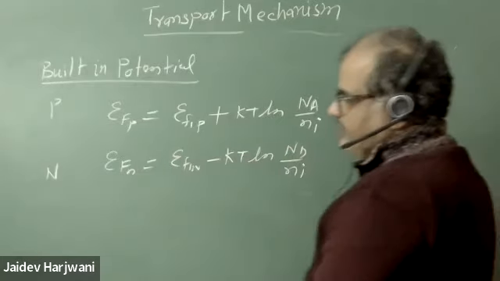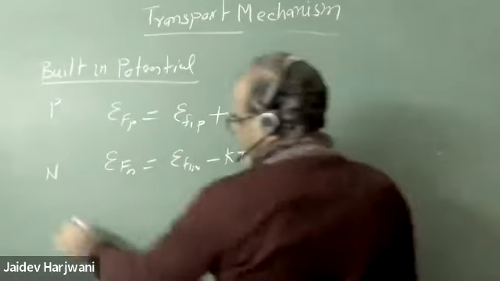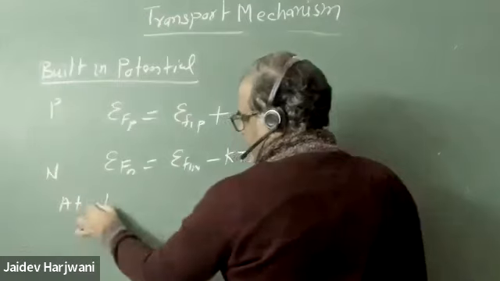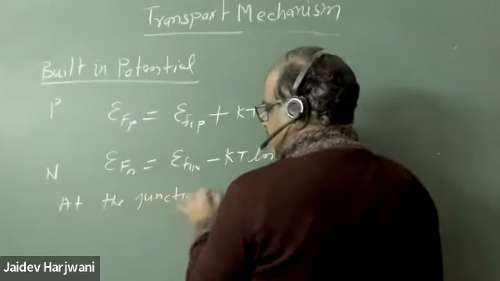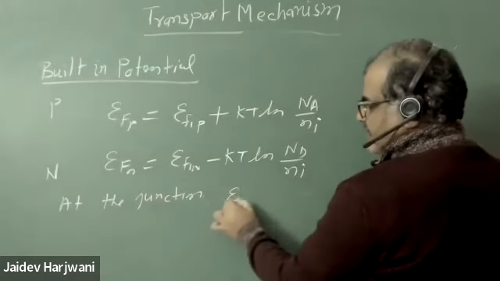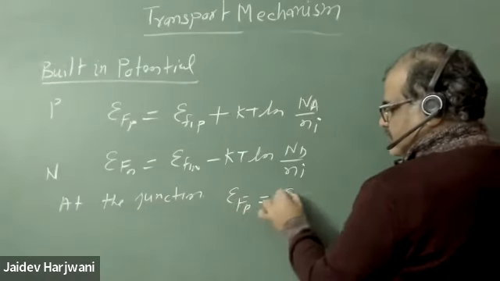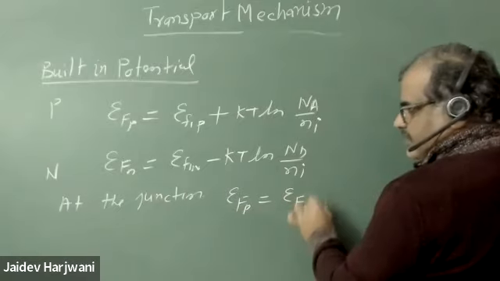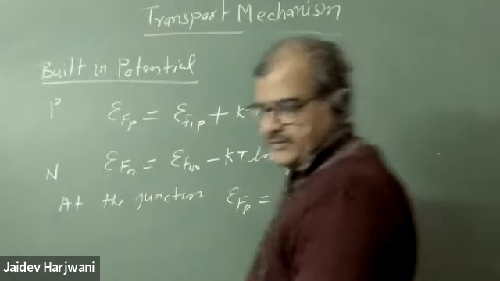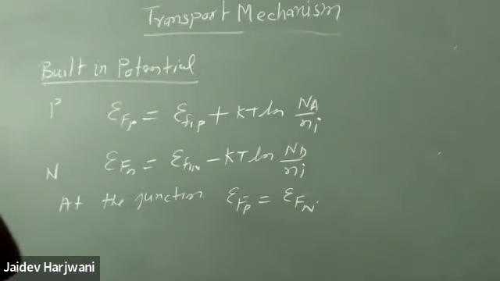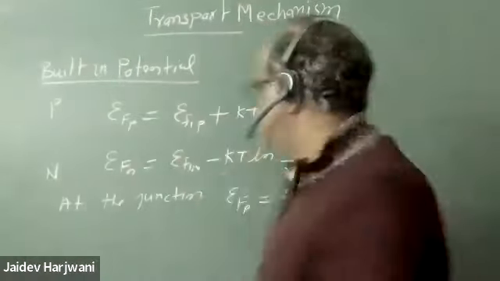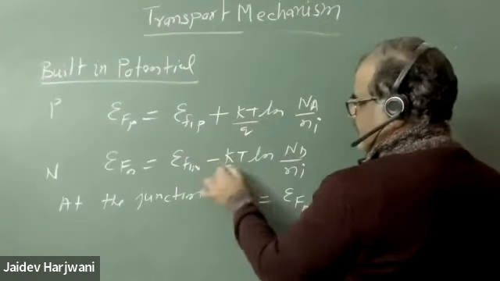Now when you join them at the junction, EFP should be equal to EFN. Make them equal and calculate the built-in potential, KT by Q.